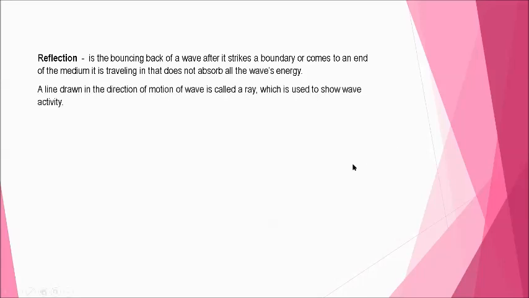Here is a diagram that will show a wave activity. A line is drawn in the direction of motion, and you call that a ray. That's the direction of motion of the wave, and we just illustrate that as a ray to make it easier, although the waves are actually moving as a wave.